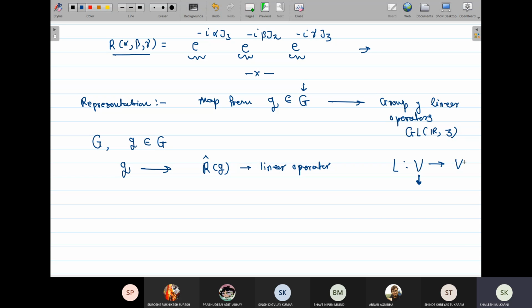So I can have W here with the condition that the dimension of V is the same as the dimension of W. But for finite dimensional vector spaces, all vector spaces are isomorphic. If you have two vector spaces with dimension of V equal to dimension of W equal to N, then W and V are isomorphic, basically the same. So without loss of generality, I will say that this W is nothing but V.